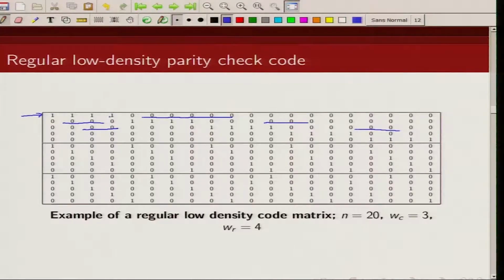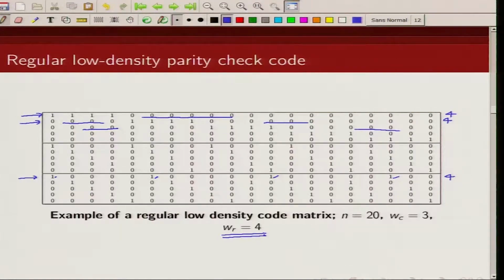Row number 1 has 4 ones, row number 2 has 4 ones. You can check any row, let us say this row. This has 1, 2, 3, 4, there are 4. So, each row of this low density parity check matrix has 4 ones. So, WR in this case is 4.